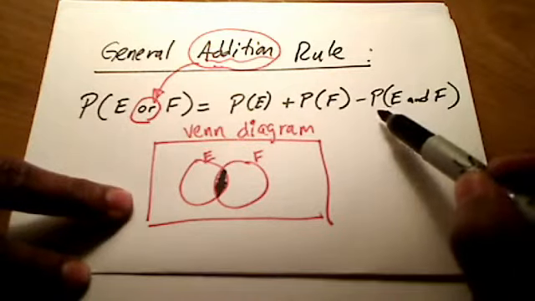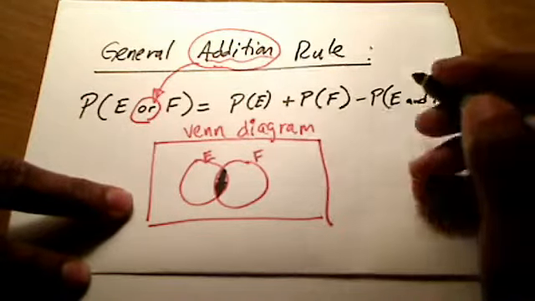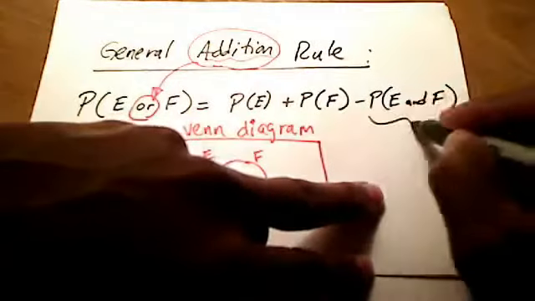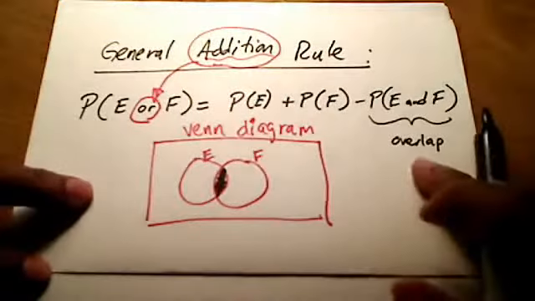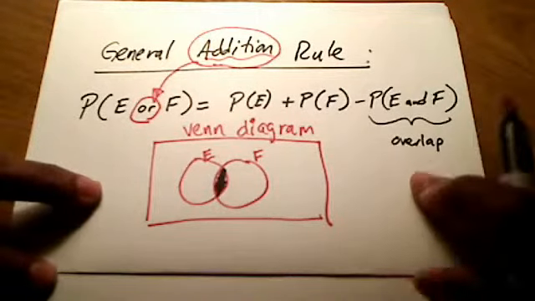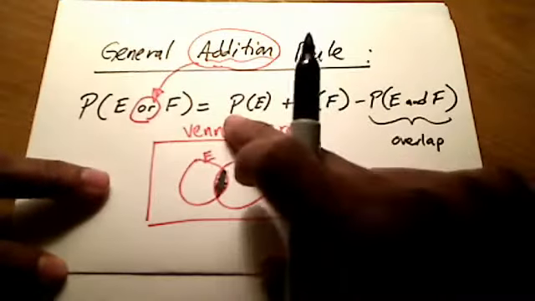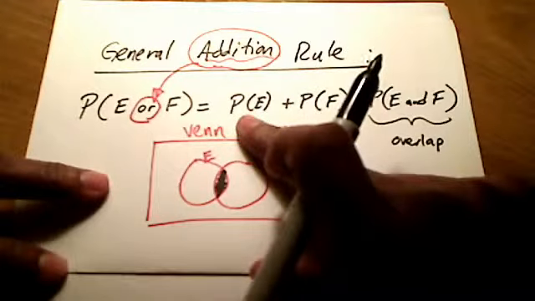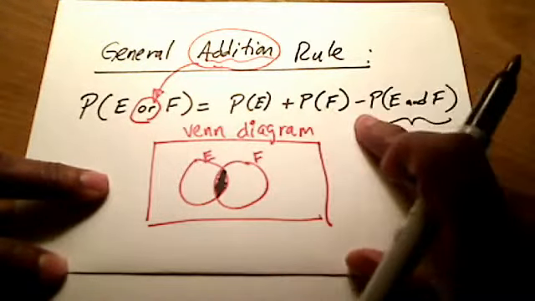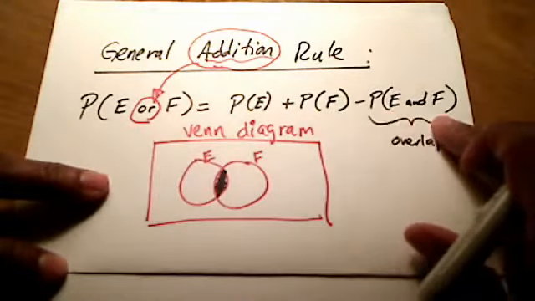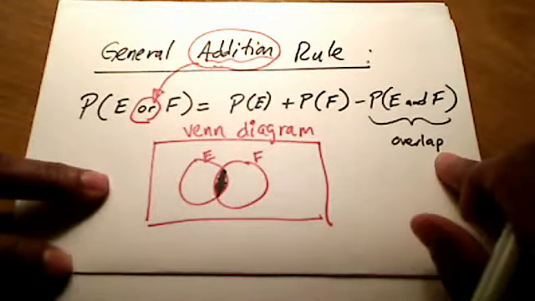It's the probability of E and F. So this portion of the addition rule is the overlap, where these two intersect each other. So the general addition rule basically says, find the probability of E, add that to the probability of F, and take away the probability of E and F. That's where they overlap with each other.